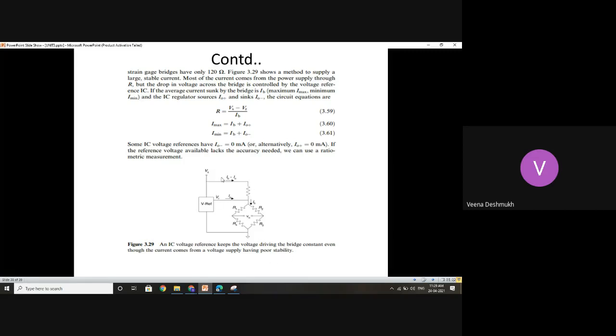So by connecting resistors or resistive networks, in series or parallel or some series-parallel combinations, you can always make the correct value of the current flow. That is how you can minimize the drift happening in either the current being supplied to the bridge or the voltage being applied to the bridge. So these drifts have to be always kept in check.